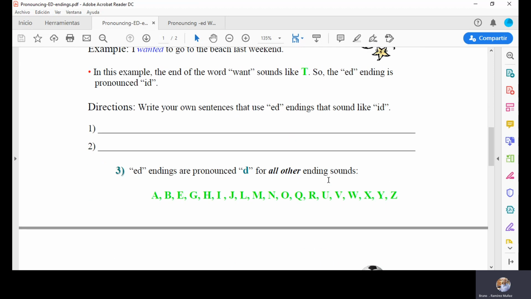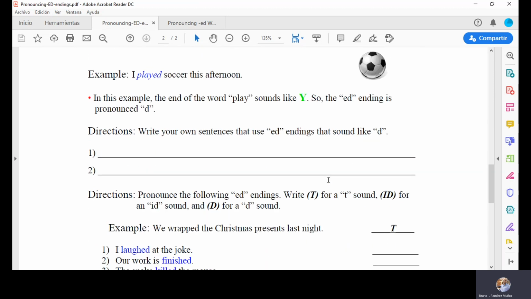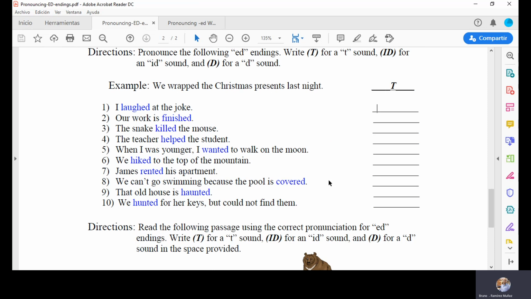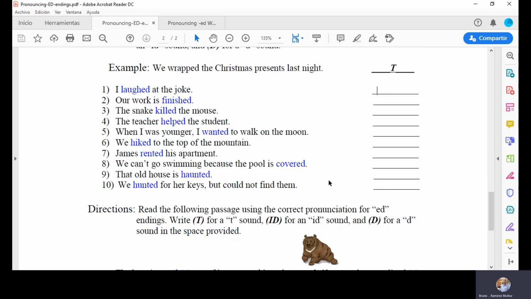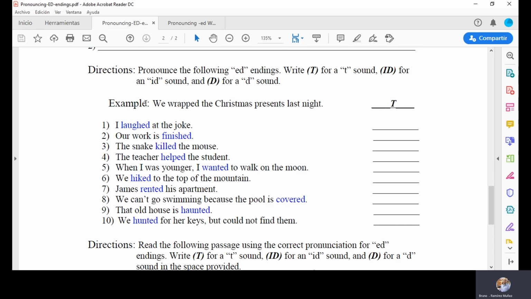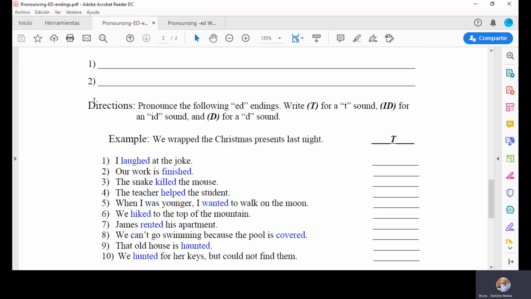It's totally fine if you read the explanations. I want you to work on the exercises on the second page, which are the ones that you can see here in directions. Pronounce the following ED endings. Write t for t, it for it, and d for the d sound.